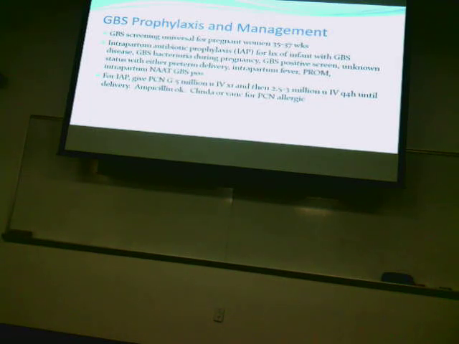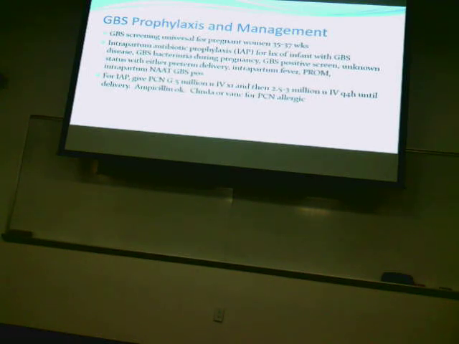So obviously, if you had an infant who had GBS disease in the past, if mom had GBS in the urine during pregnancy, if the GBS testing came back positive, or if it's unknown status with other risk factors like fever, premature rupture of membranes, preterm delivery, then there's also high risk for that. And also the intrapartum NAAT GBS positive.